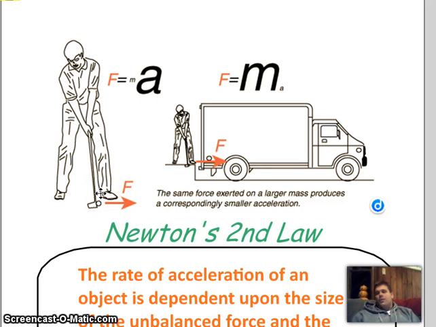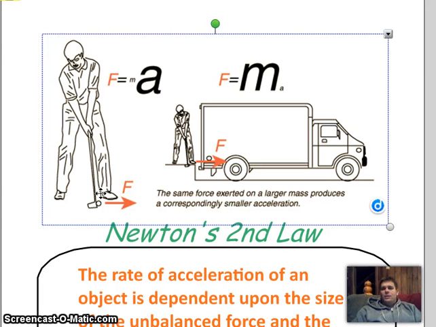A golf ball is not a very massive object, so with the force you can apply, the acceleration of that golf ball is rather large. Notice the rather large A. The result is a great acceleration because of a small mass with a sizable force.